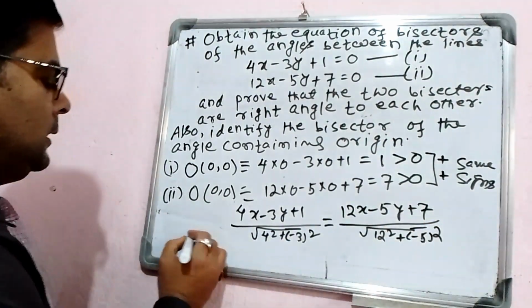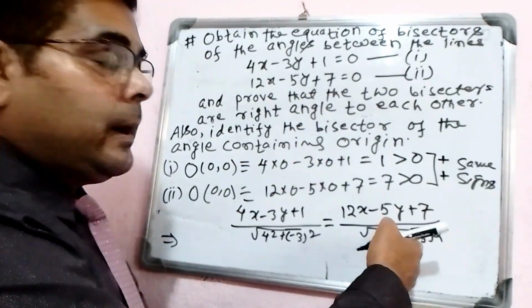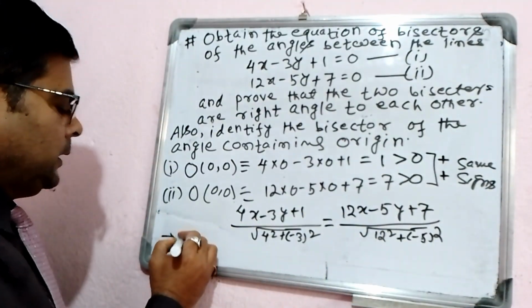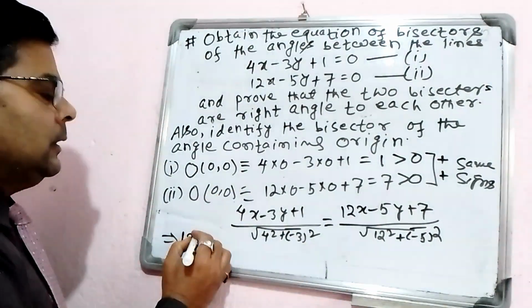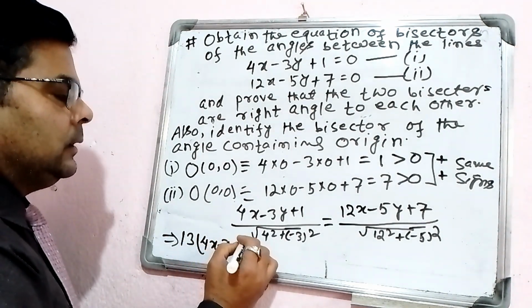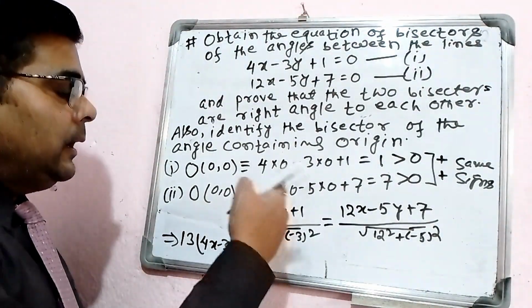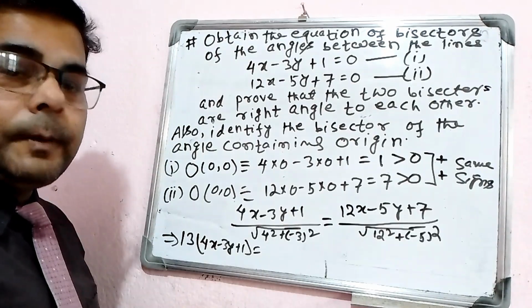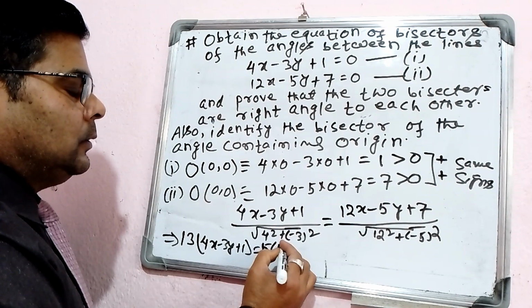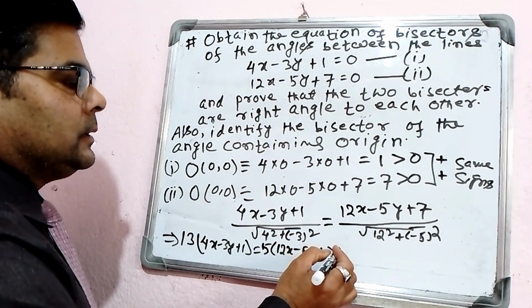So let's go further from here. It is 12 squared and this is minus 5 squared, that means 25, and 144 plus 25 is 169, whose root is 13. So at this point, if you cross multiply, it is root 13, 4x minus 3y plus 1 equals, on the other side, 4 squared plus 3 squared is 25, the square root of 25 is 5, and you cross multiply to the other side, so it is 5 times 12x minus 5y plus 7.